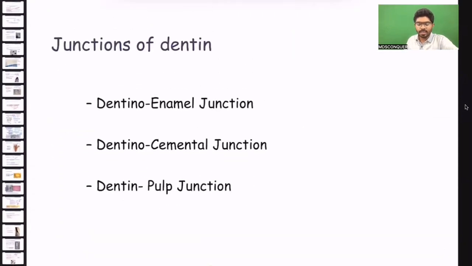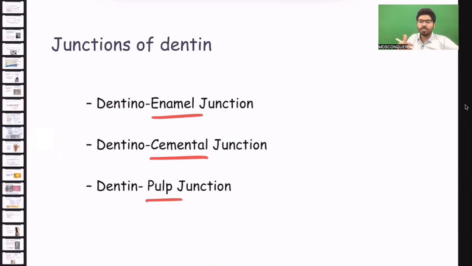Junctions of dentin: dentin has a junction with enamel, a junction with cementum, and a junction with pulp. Now tell me clinically, from an endodontic perspective, which of these junctions is helpful to end the obturation?